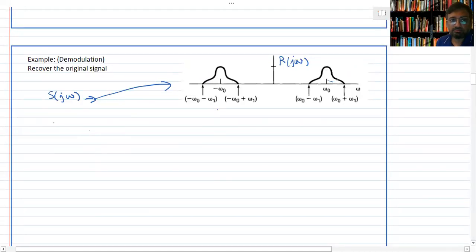And we multiply Rt with cos omega naught t.